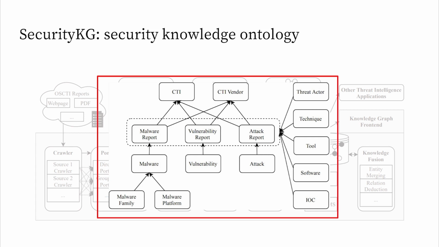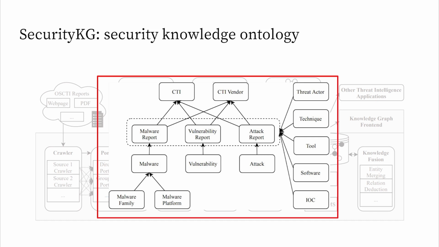For each report, we associate it with an entity of the corresponding type. Besides, reports are created by specific CTI vendors and often contain information concepts on threat actors, techniques, tools, software, and various types of IOCs. Thus, we create entities for these concepts as well.